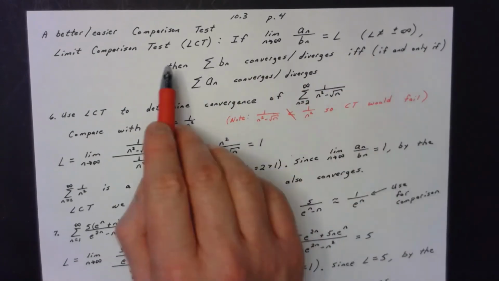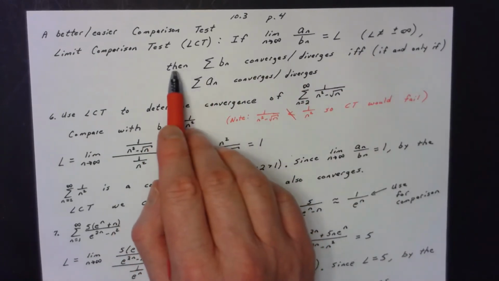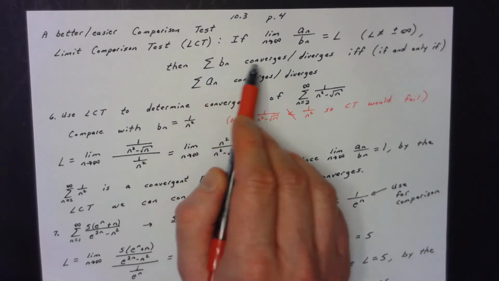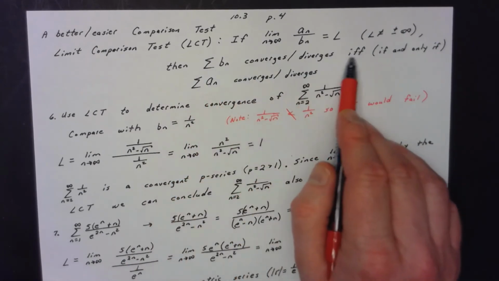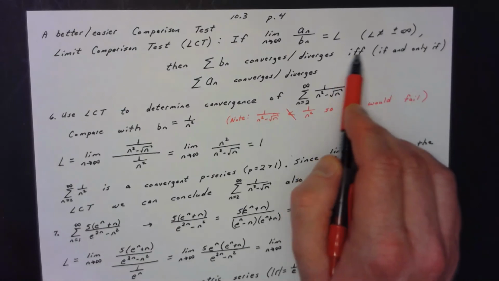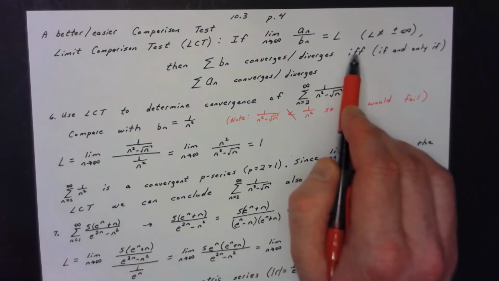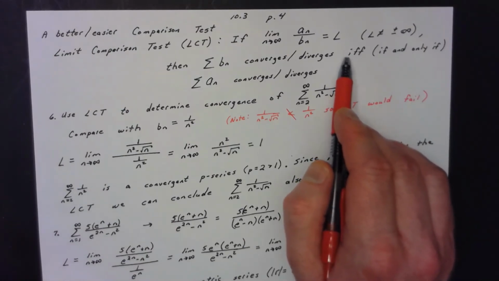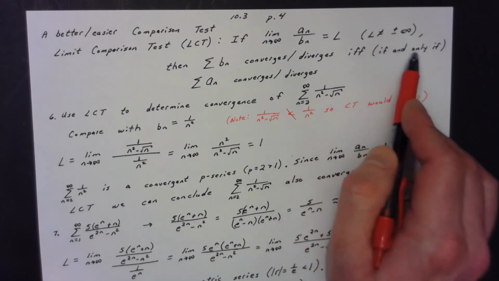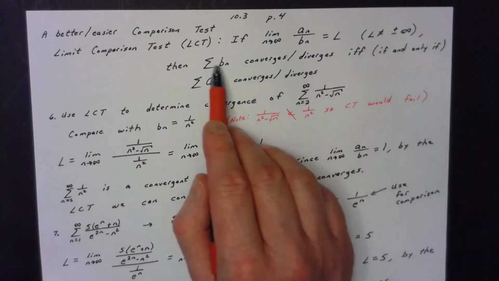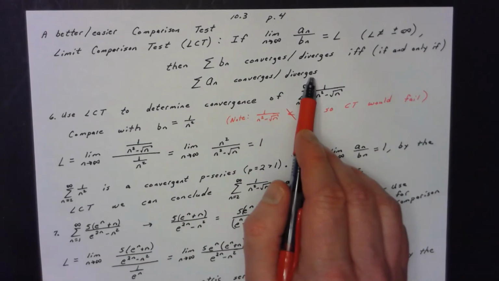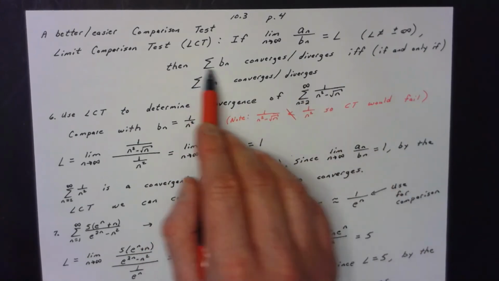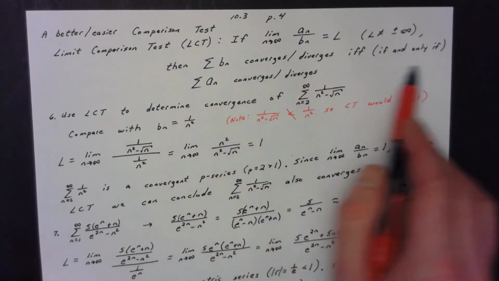Now, let me go ahead and talk about this wording here. I say, then the series b sub n converges or diverges if and only if. Anytime you see that it looks like a misspelled F, or if, IFF, that means if and only if. So it means the first one happens if the second one happens, and the second one happens if the first one happens. It's a two-way dependence.